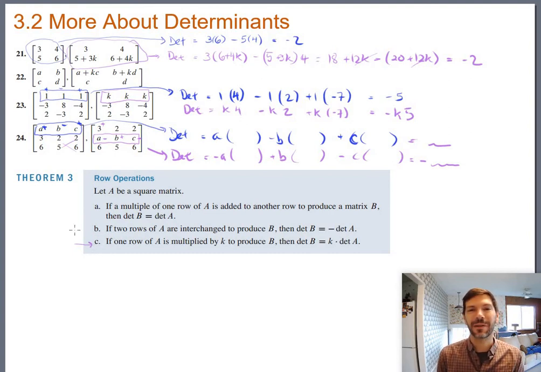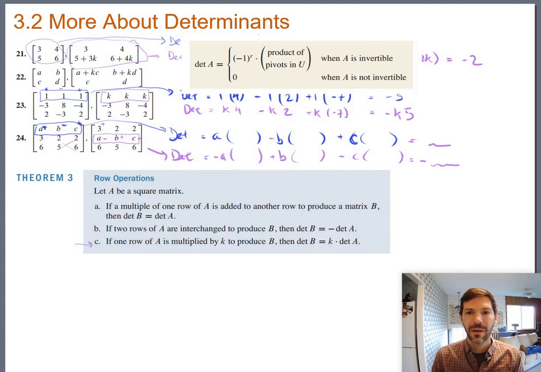But if you don't care what numbers are on the diagonal, if you just want zeros below, you only need A and B. And A doesn't do anything to the determinant. B only changes the sign. So we sort of get this way of finding a determinant.